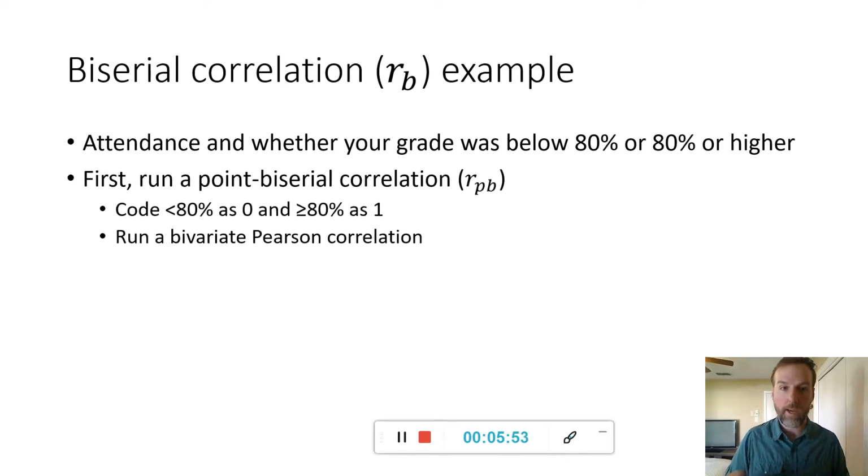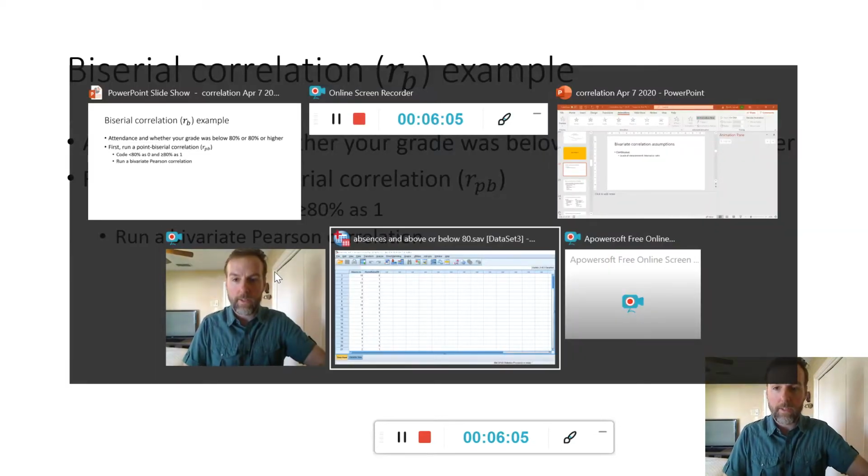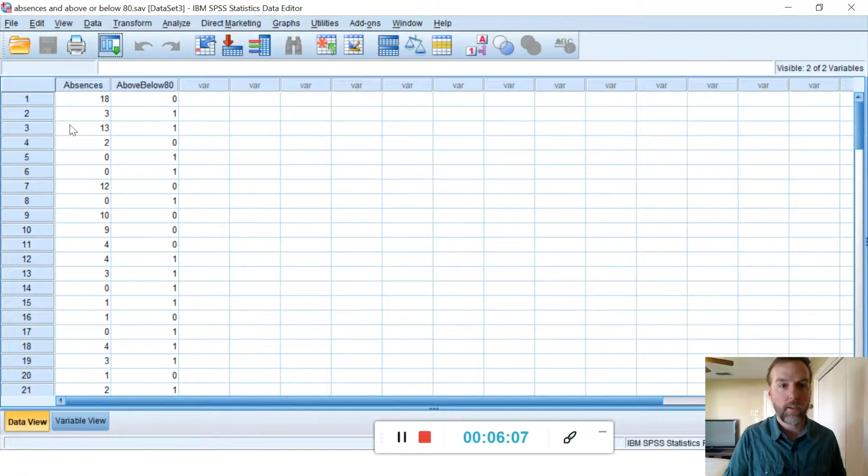And our first step is to run a point-biserial correlation, and in SPSS, that's simply a bivariate Pearson's correlation. So I've recoded our data, and because we have SPSS here, let's go look at it. So the absences, this is exactly the same as before, but now instead of a grade, I recoded these to be 0 and 1.